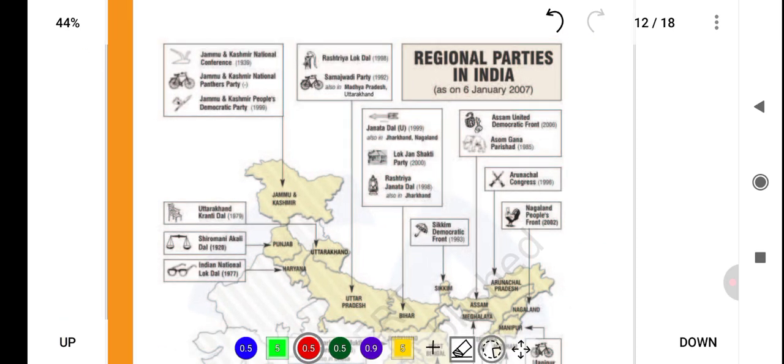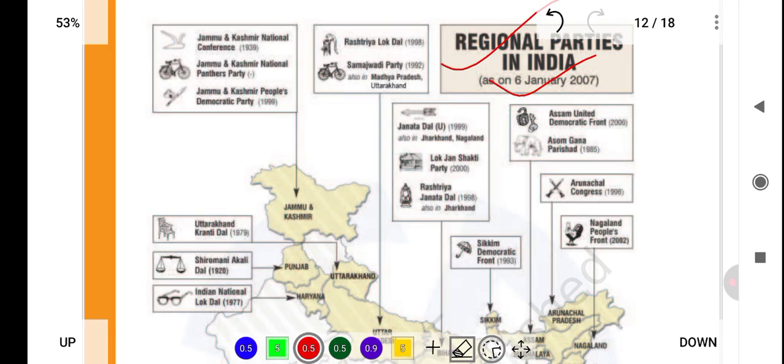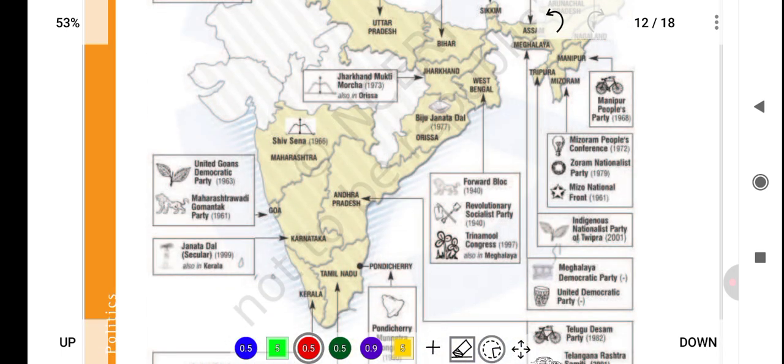You can see the regional parties in India as of 6th January 2007. Now these must have changed also.